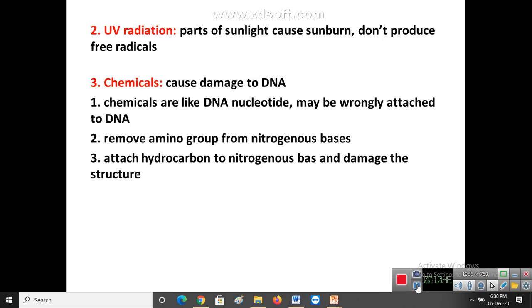Third, they attach hydrocarbon to the nitrogenous base and damage the structure of the nitrogenous base. Modern industrial societies are producing and releasing many harmful chemicals in the environment which cause damage to the DNA. These chemicals are known as mutagens.